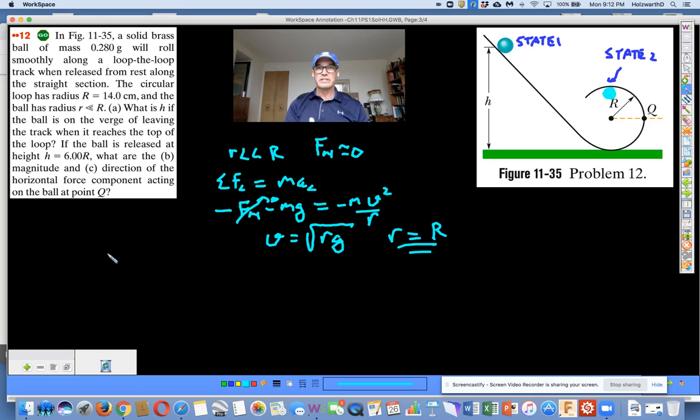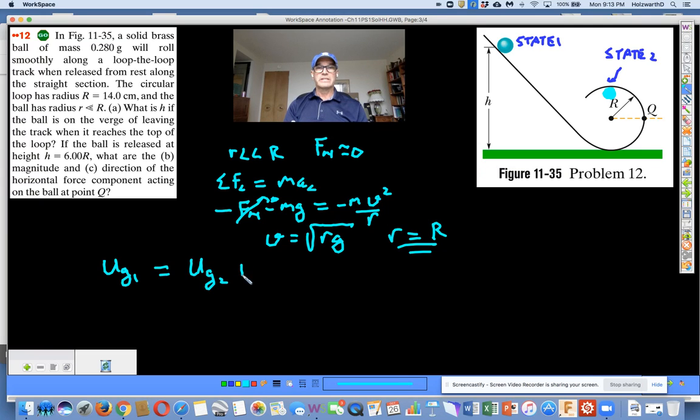Let's sketch it out. This is a helpful hint. I'm going to remind you folks to solve the rest of it, but this is to get you going. All right, so at state 1, we've got gravitational potential, just sitting there. It's going to release it. And then at state 2, it's going to have gravitational potential energy again, because it's going to end up still above the ground relative to where it started.